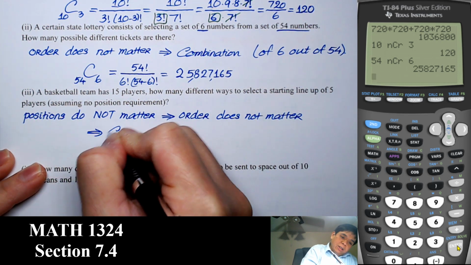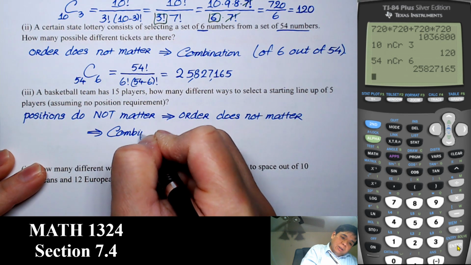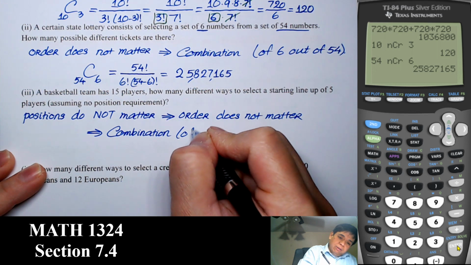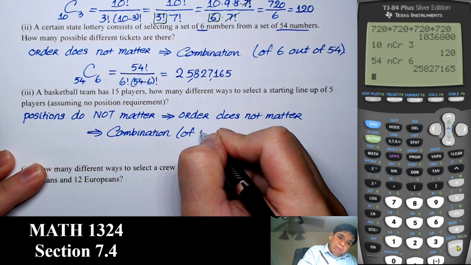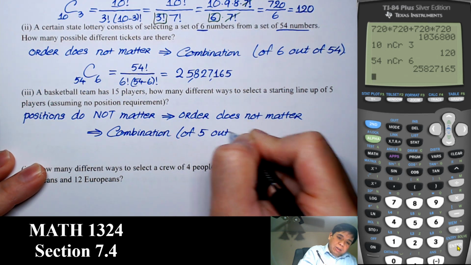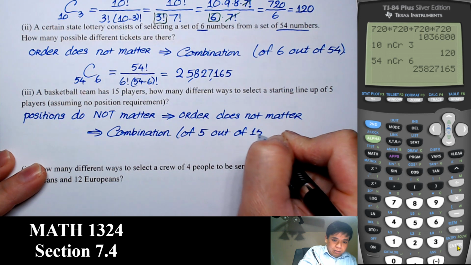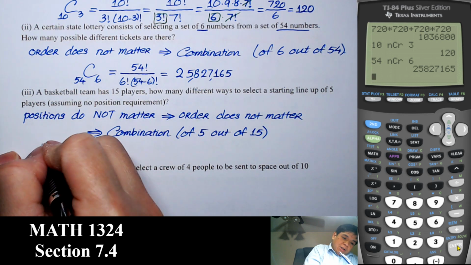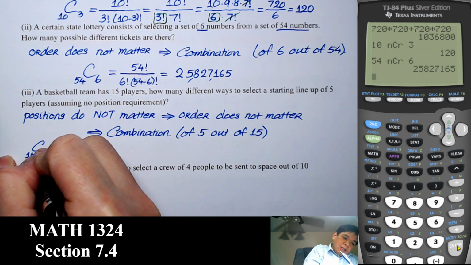That is combination. And combination of 5 out of 15, so that's C(15, 5).